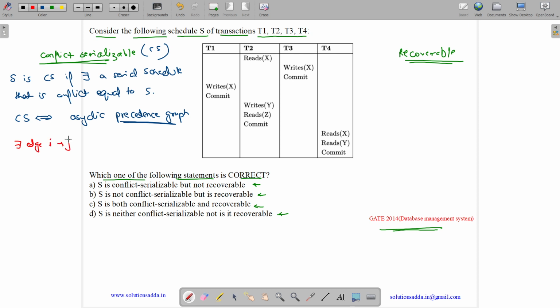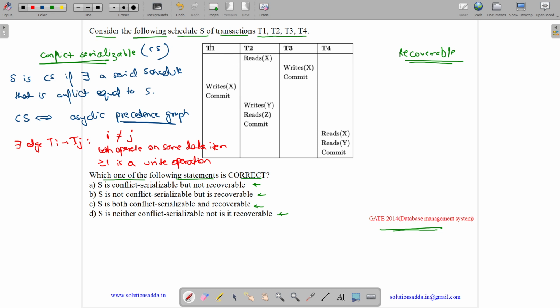There exists an edge from transaction Ti to Tj if and only if they are different transactions, which means i is not equal to j, and both operate on the same data item, and one or more than one is a write operation. Okay, now let us draw.